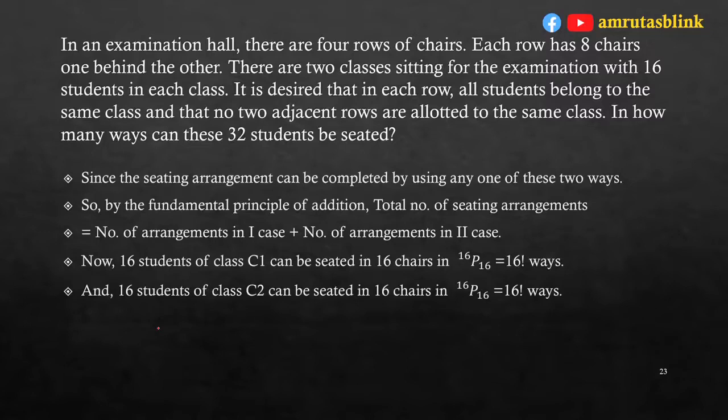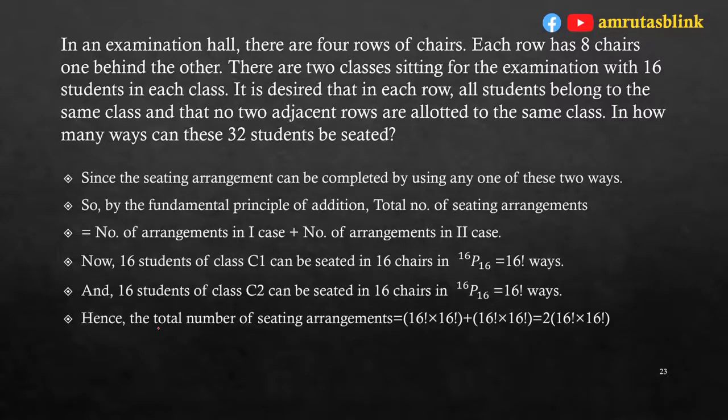Similarly, 16 students of class 2 can also be seated on the remaining 16 chairs in 16p16, as in 16 factorial ways. So, total number of arrangements will be 16 factorial into 16 factorial, and one more combination will be available of 16 factorial into 16 factorial. Hence, total number of arrangements will be 2 into 16 factorial into 16 factorial.